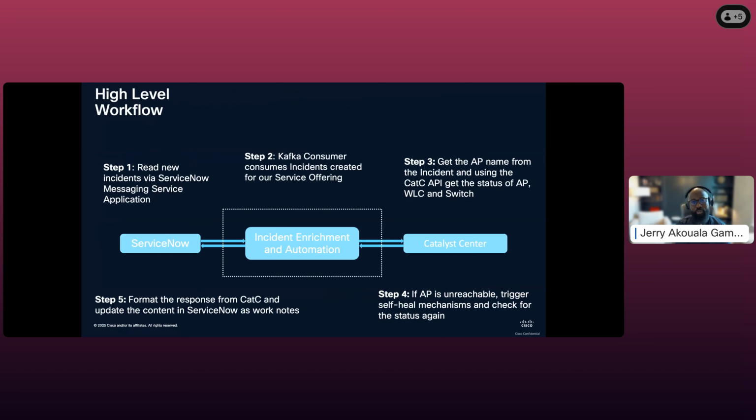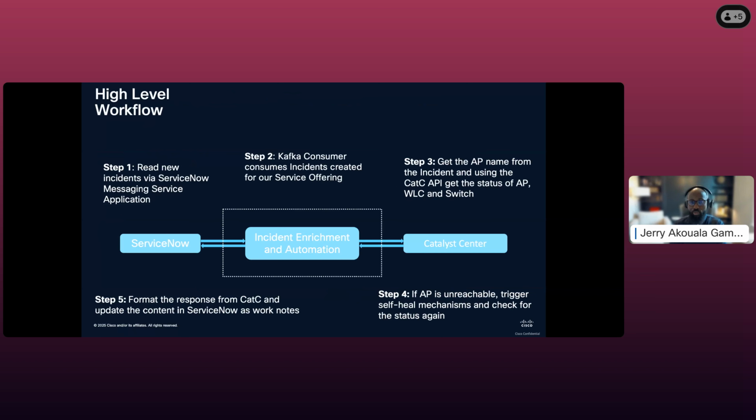The next step is the Kafka consumer, which consumes the incident and creates a ServiceNow offering, which is directed to our service offering, because within our organization. Step 3 is getting the AP name, what's that AP that's associated with that incident.